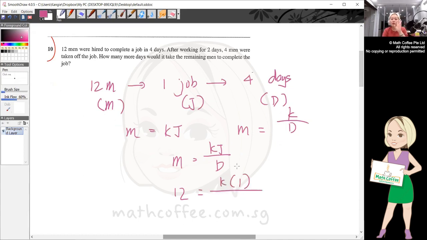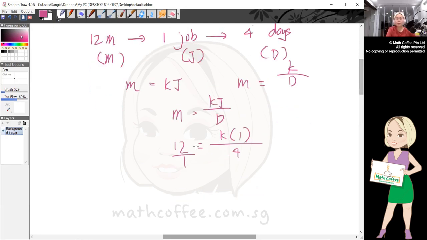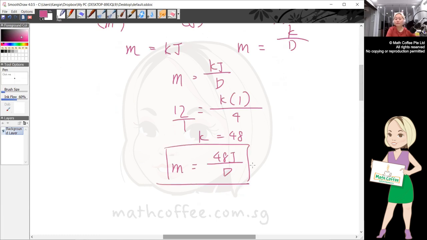And sometimes you all wonder, 1 job, I still need to put in there? Later you will know why I need to put the 1. Days will be inside 4. So now if I cross multiply, my K is equals to 48. So it will be M equals to 48J over D. So this is my full formula.